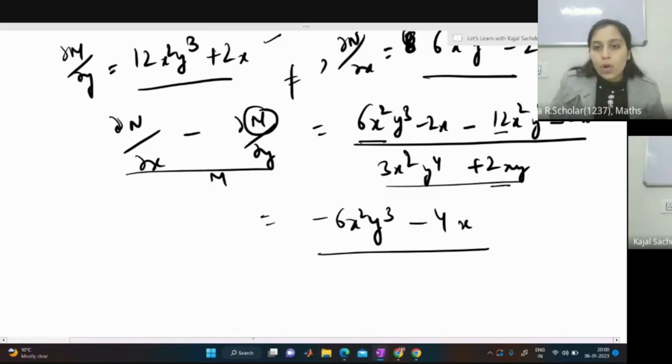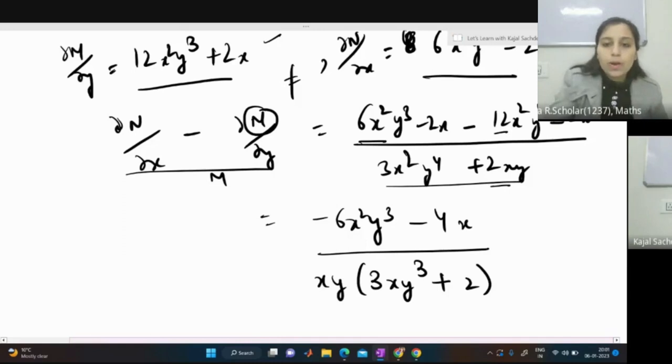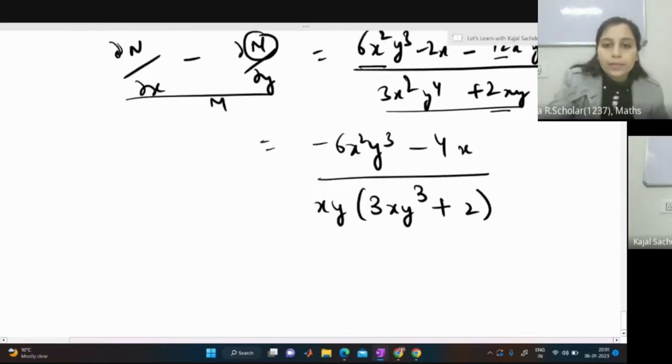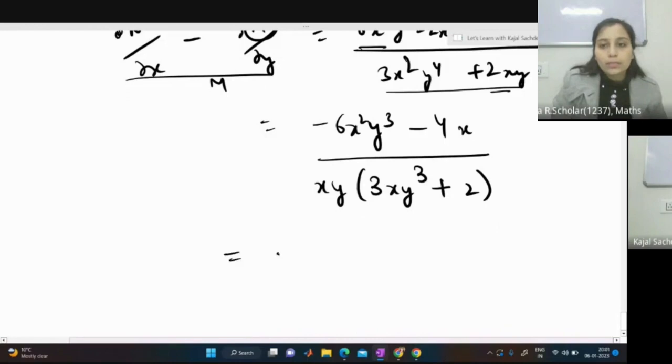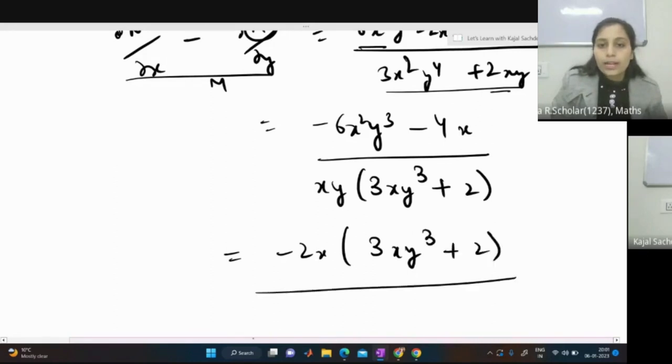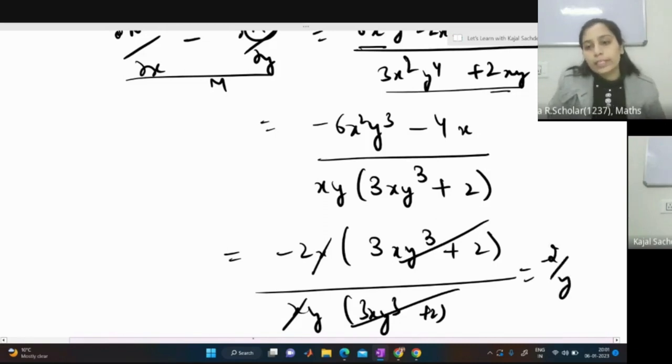We can take xy common from the denominator, giving xy(3xy³ + 2), and from the numerator we can take common −2x, giving −2x(3xy³ + 2). Dividing, the common terms cancel out, and x cancels out. We get −2 upon y, which is only a function of y.